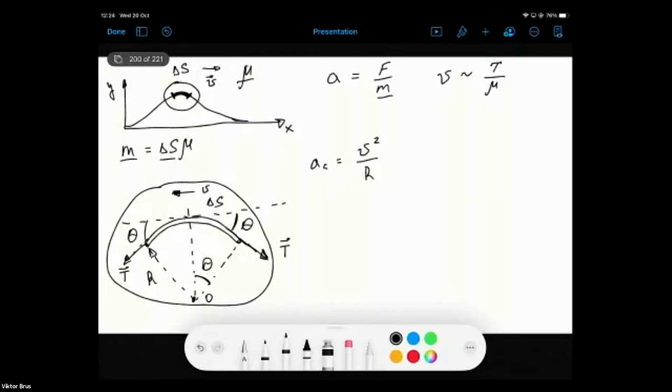Let's call it the radial force, F radial. So this radial force will be equal to 2, we have 2 of these vectors, times T times sine theta.